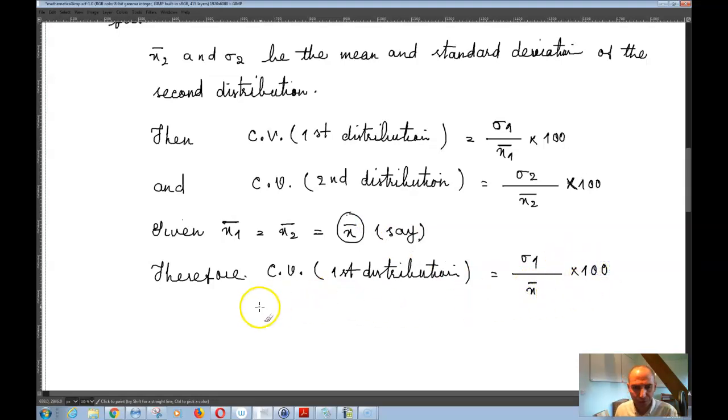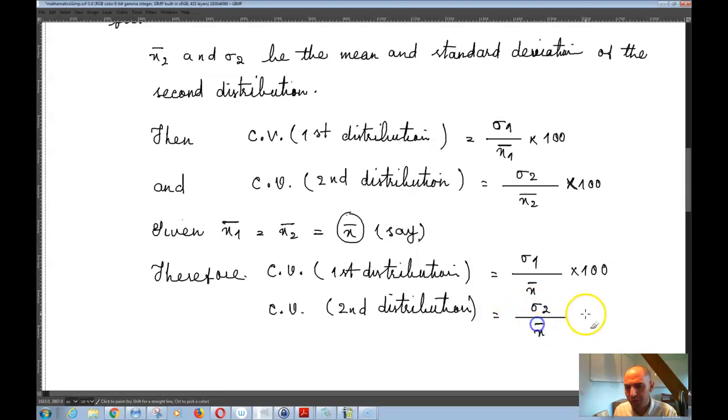And also the coefficient of variance of the second distribution is sigma 2 over x bar times 100. Meaning that instead of x of 1 bar or x of 2 bar, I can simply write x bar.